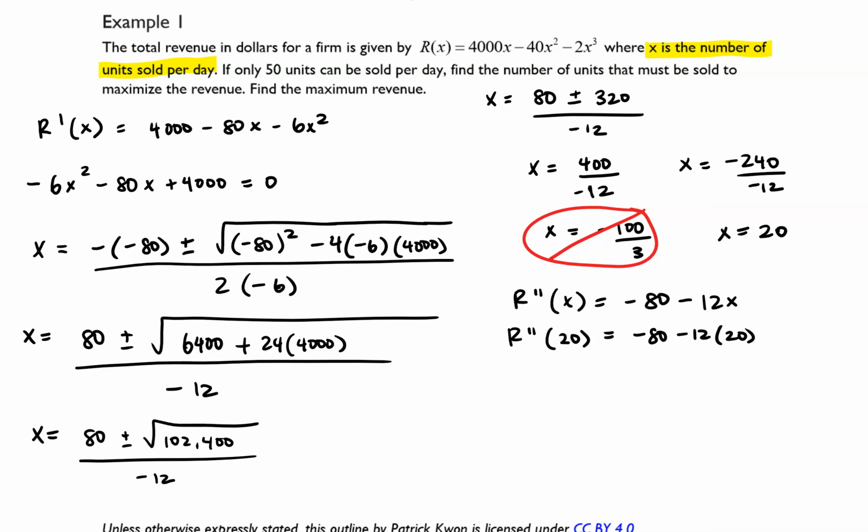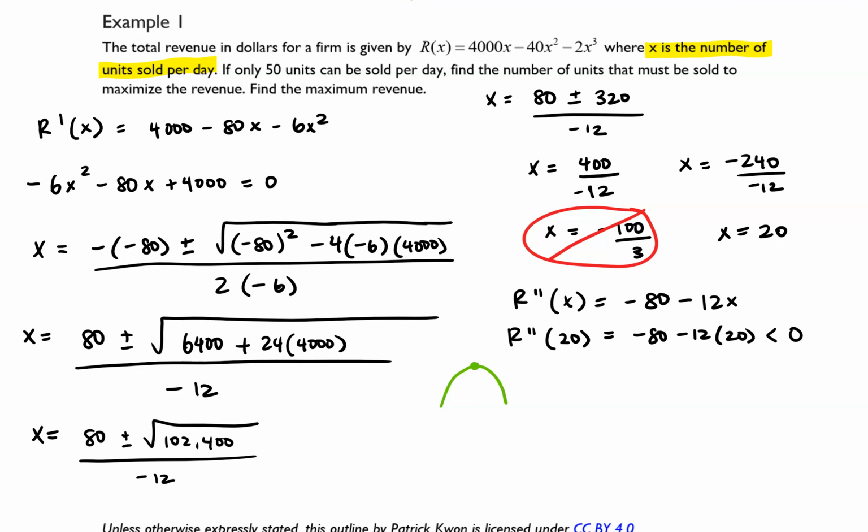And I don't need to exactly solve for what that number is. I just need to recognize that whatever it is, it's going to be negative. And so if it's negative, then the graph would be concave down, and we would have a relative maximum.